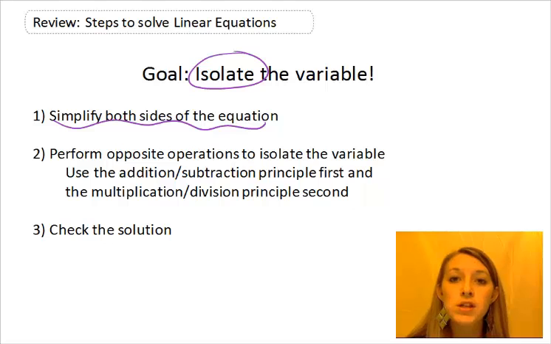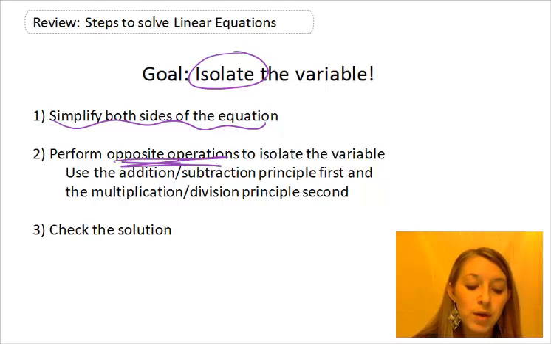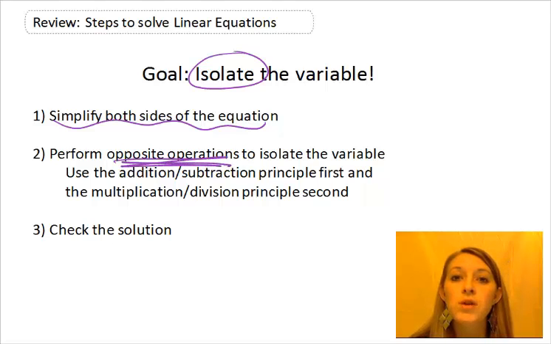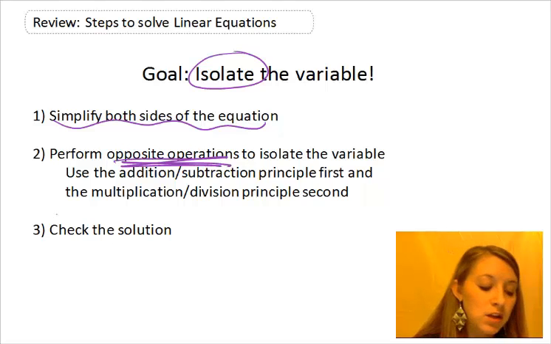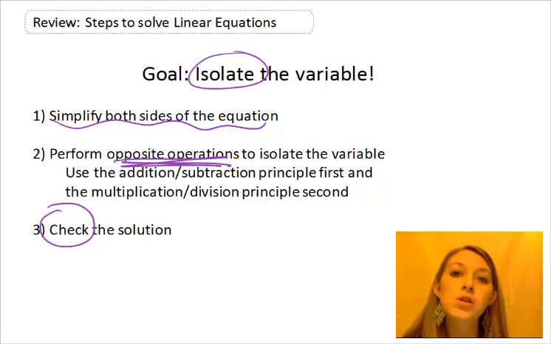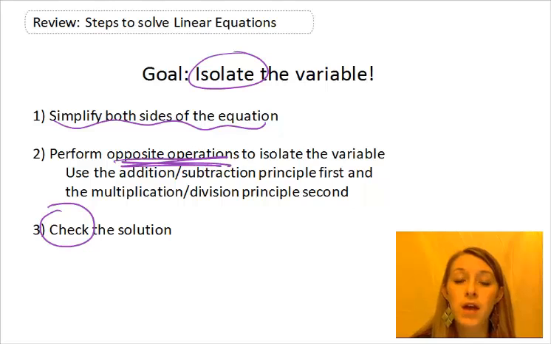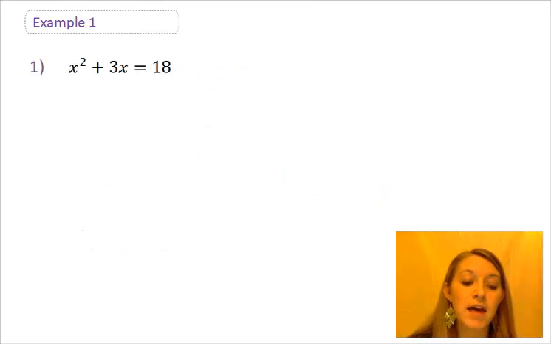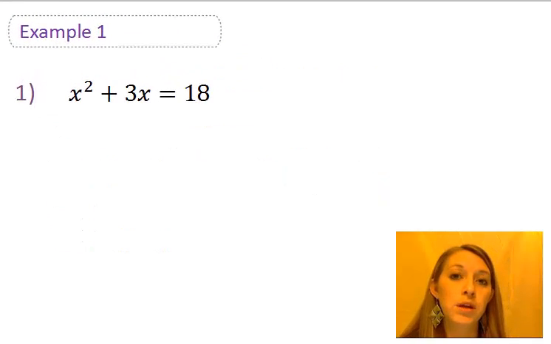Then you rearranged things around the equal sign by moving it from one side to the other using opposite operations. Don't forget to do it in reversed order of PEMDAS. So you want to add or subtract before you multiply or divide. And at that point, you should have your variable isolated, and then you can always check your solution by substituting those values back in.